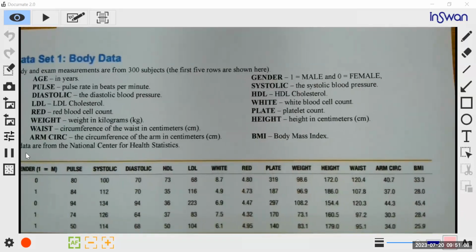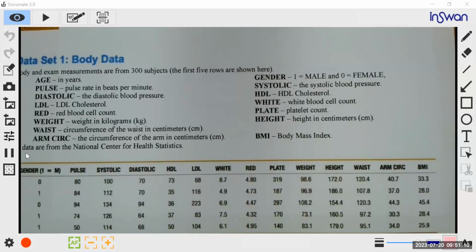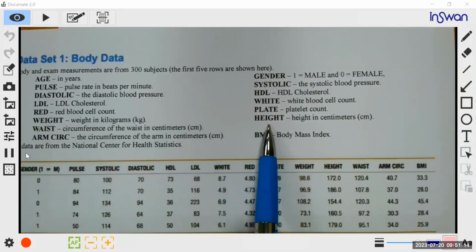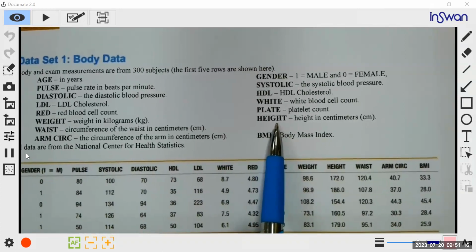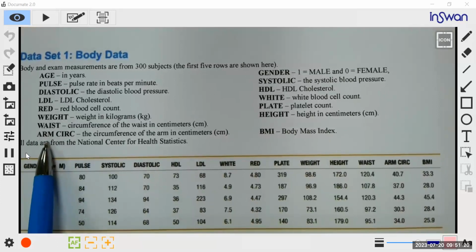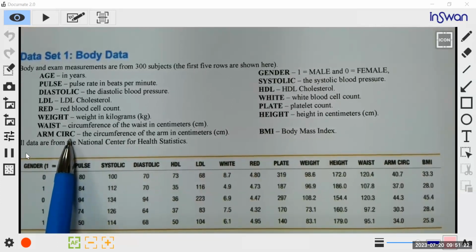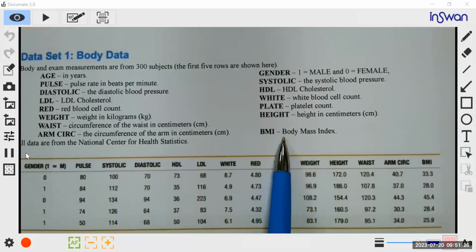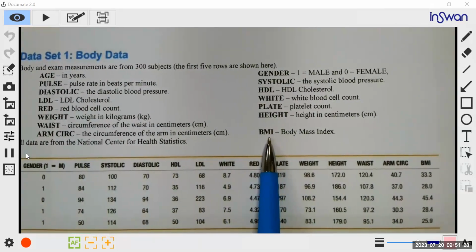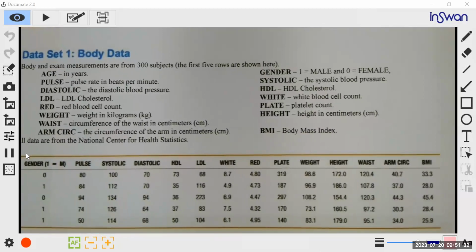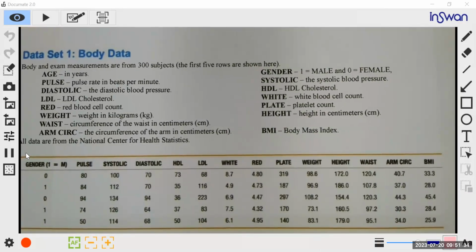Yes, this is exactly where it is. Very few people remember where it starts from. Then the weight, the height of the subject, their waist circumference, and their arm circumference. BMI, the body mass index, tells how your body is, whether it's healthy or not.